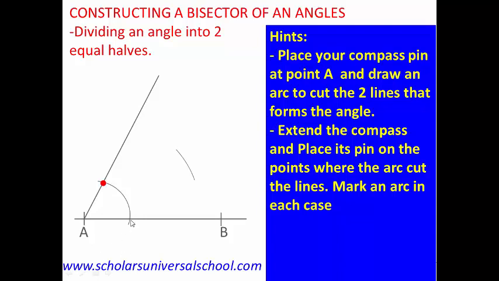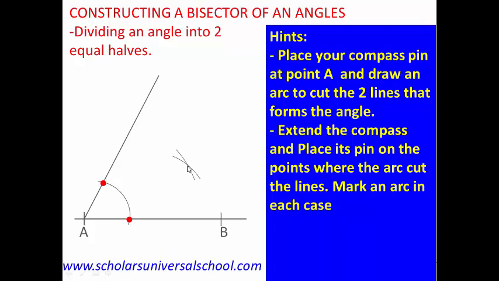Then I'll come here, place the pin of the compass here again, and draw my arc. Now the two arcs I have drawn using this red point intercept themselves here.